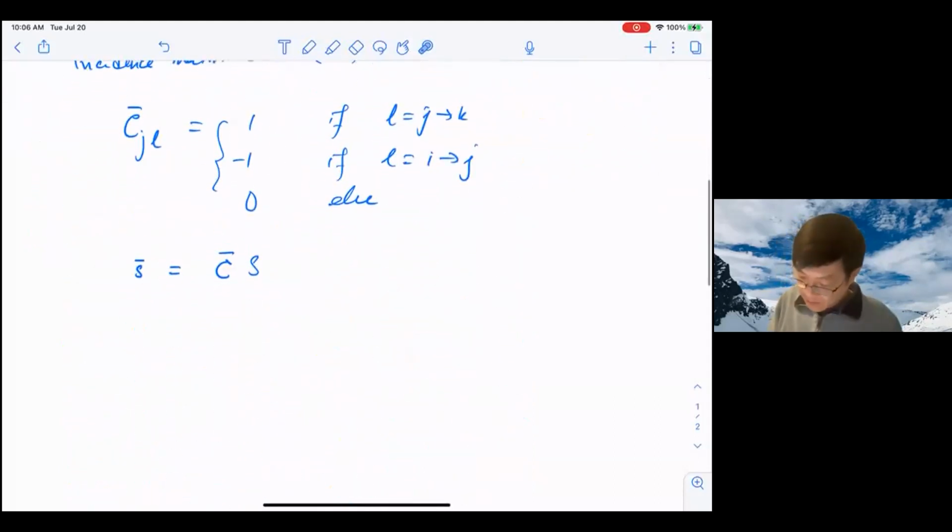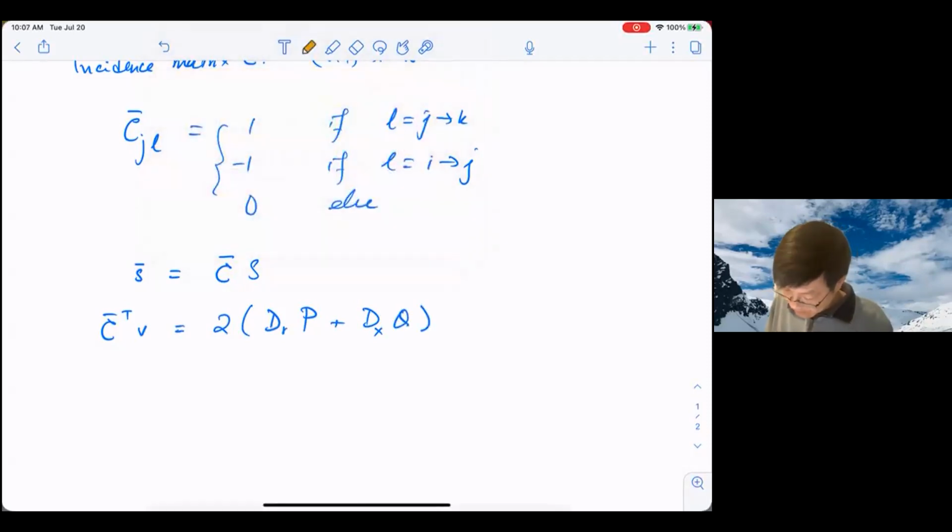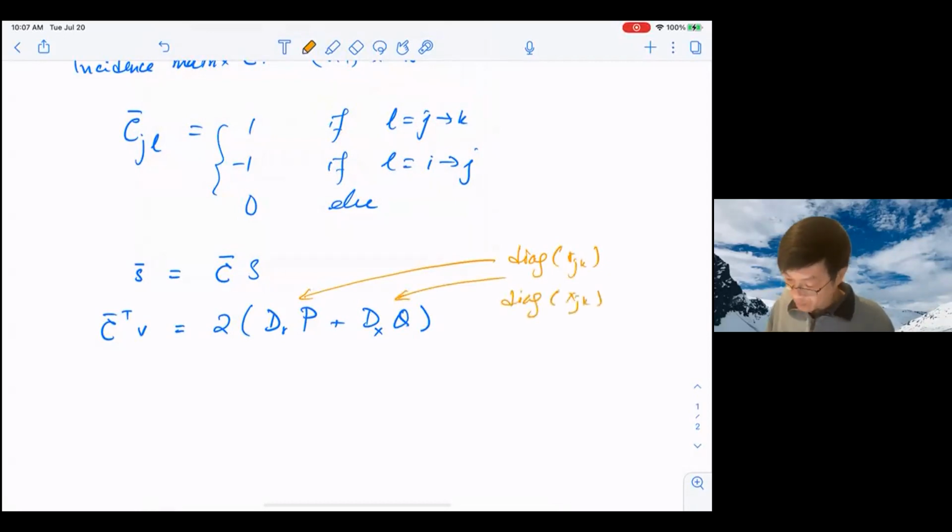The second equation in vector form will be C bar transpose V, where V is the vector of voltage magnitudes squared, equals 2 times the diagonal matrix of the resistances, times capital P, the real line power vector, plus the diagonal matrix of the reactances times Q. This is the diagonal of R_JK for all lines JK, and this is the diagonal of X_JK for all lines JK.